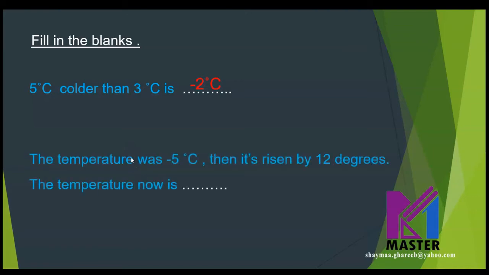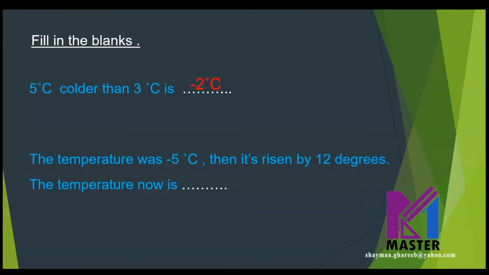Now let's see the second question. The temperature was negative 5 Celsius degrees. Then it's rising by 12 degrees, which means it's getting warmer. It's getting bigger. We are going to count forward. How many steps? 12 steps. Then the new temperature now will be, what do you think?